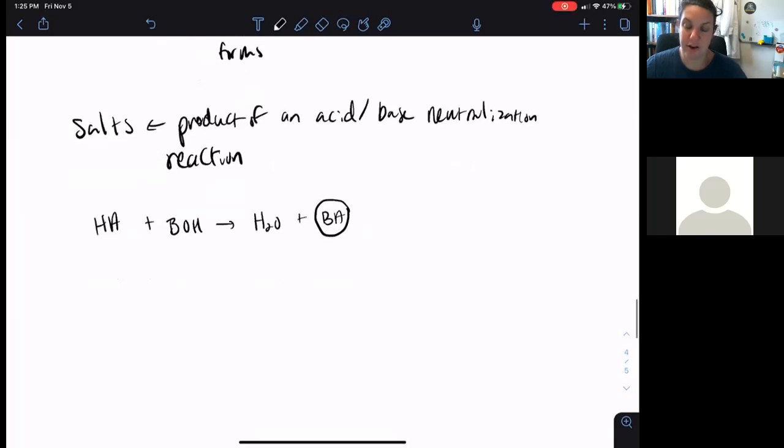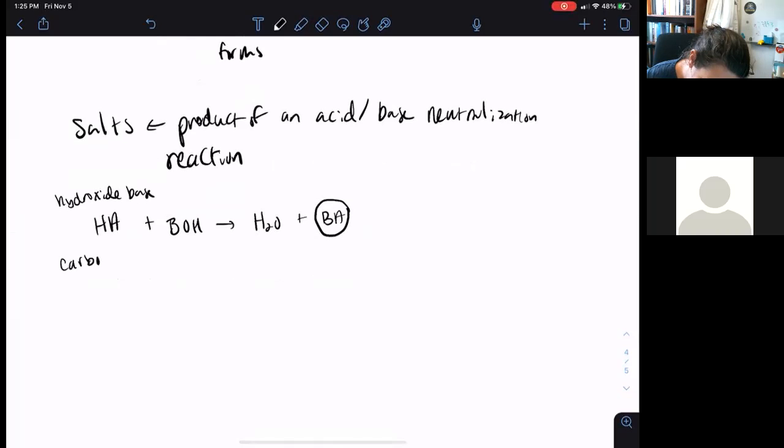But we can also have a salt made from, so this is a hydroxide base neutralization reaction, we can also have a carbonate base neutralization reaction.